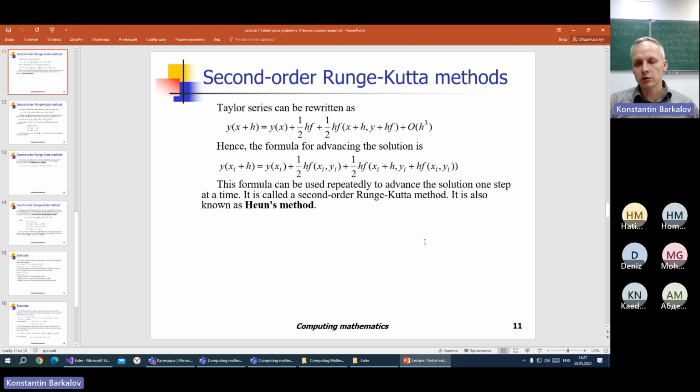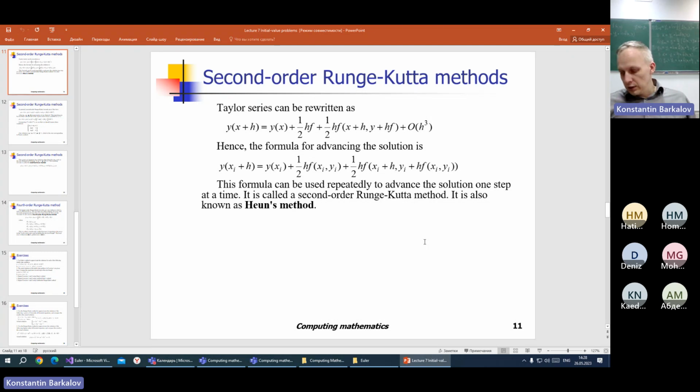According to our timetable, the next lesson will be the last lesson. And in the next lesson, we will consider how to solve systems of ordinary differential equations. We consider how to solve high-order differential equations and systems of ordinary differential equations.